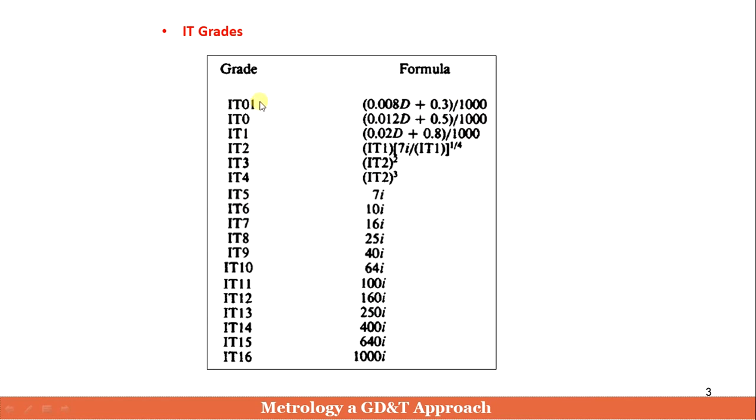IT01 represents this equation, or similarly for IT9, as in 40F9, 9 gives 40i, where i is the standard tolerance and its formula is 0.45 cube root D plus 0.001 D. So this table will be used as the standard tolerance calculation table.